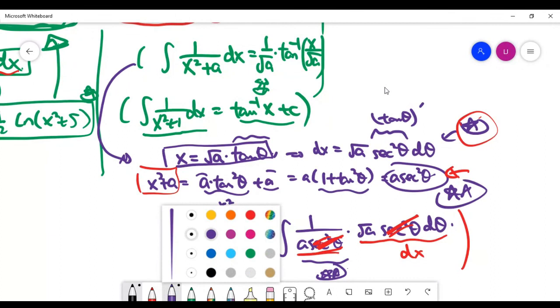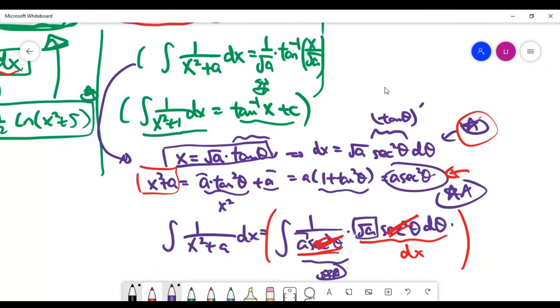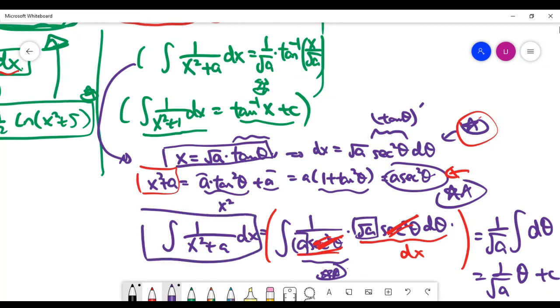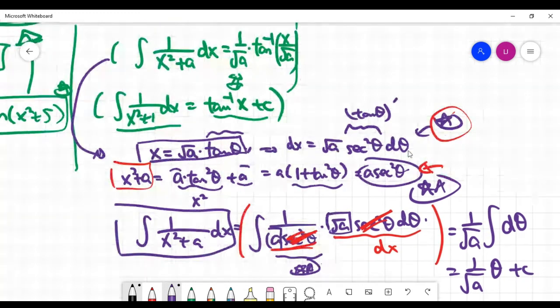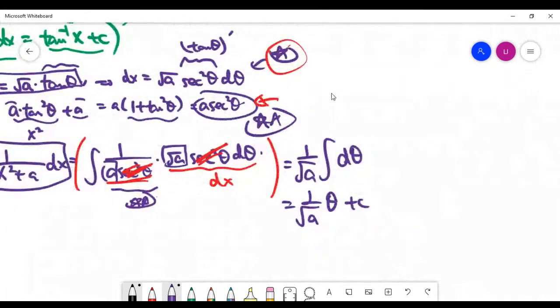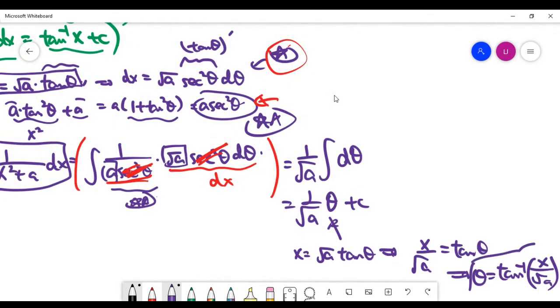The constant you have is square root of a divided by a, which is 1 over square root of a. And you need to integrate 1 inside the integral. So the answer is 1 over square root of a times theta. And this is essentially the answer to this current integral. But you need to tell me the expression of theta in terms of x. The fact is that theta is the same as inverse tan of x over square root of a.